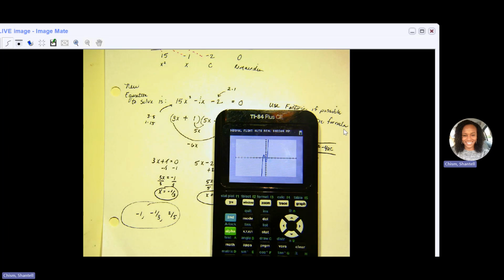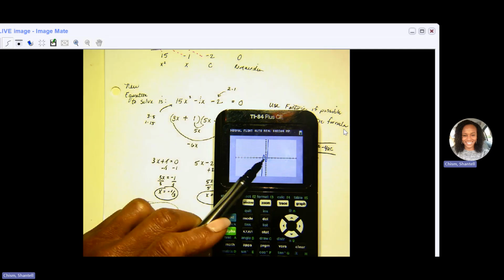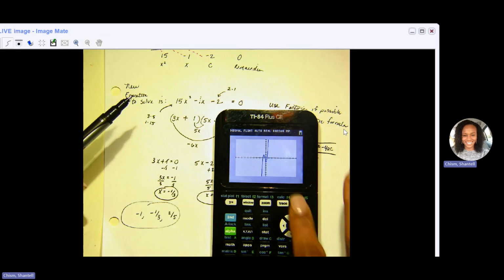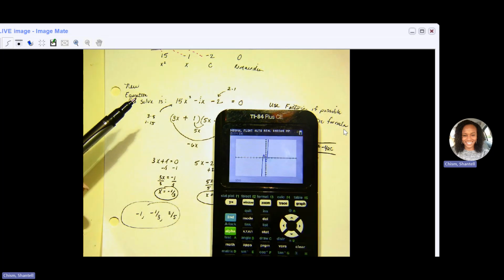However, 2 of them look like they're fractions or decimals, and we know that. We actually know that now, right here with these 2. Sometimes they may all be whole numbers. In this problem, they weren't. But at least I can see that, yes, there are 3 of them, and they are all real. Sometimes you can even zoom in and see if that helps you to see anything a bit better.